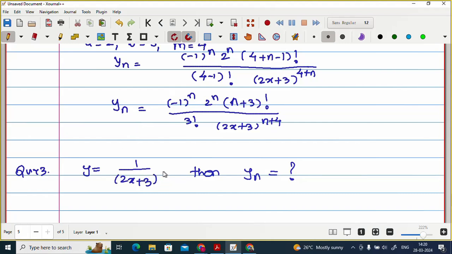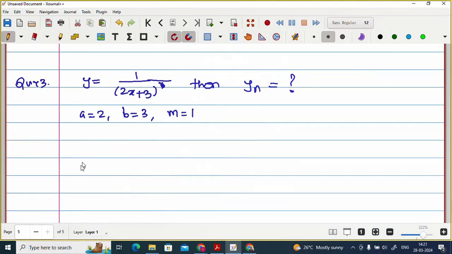No sorry, it is not 0, it is 1. 1 upon 2x plus 3 means raised to 1. Here a is 2, b is 3, and m is 1, and I will use the same formula.